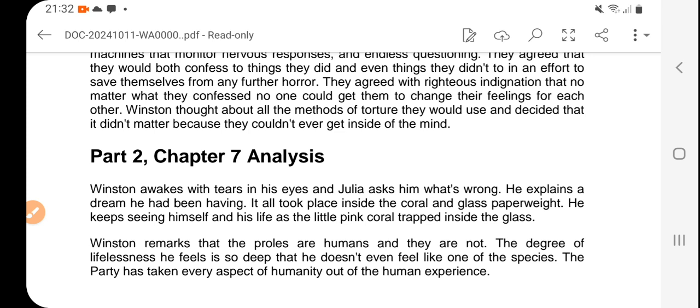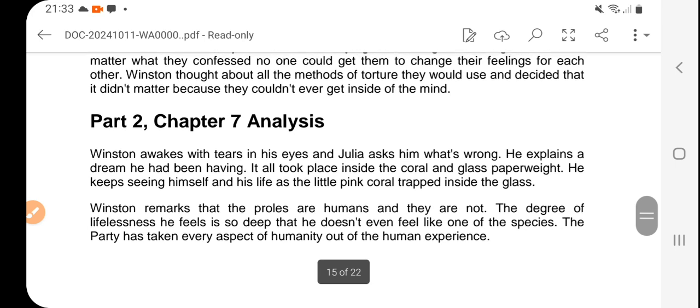They agree with righteous indignation that no matter what they confess, no one could get them to change their feelings for each other. Whatever we have to accept, we are going to accept, but we will never change our feelings for one another.